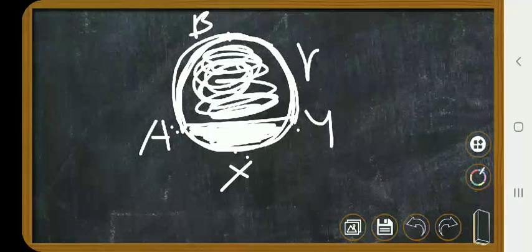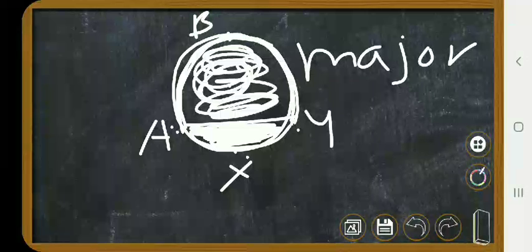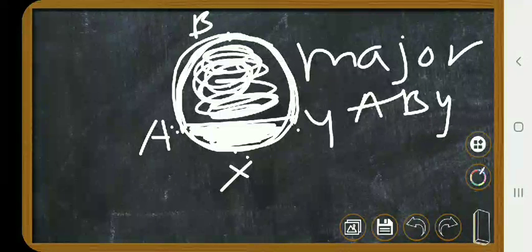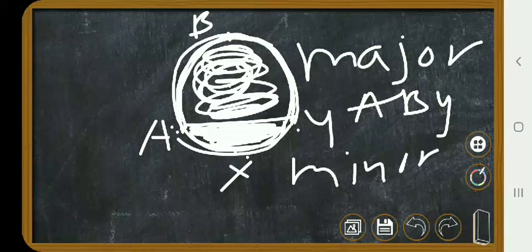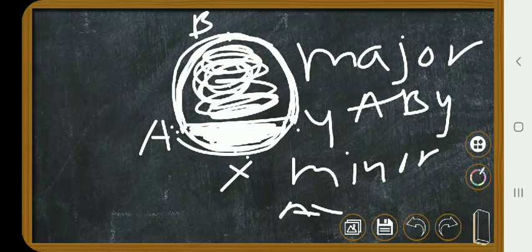This is the major arc ABY, and this is the minor arc AXY, as it covers a small area of the circle. So, understood, major arc and minor arc.